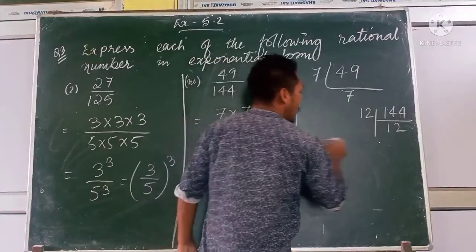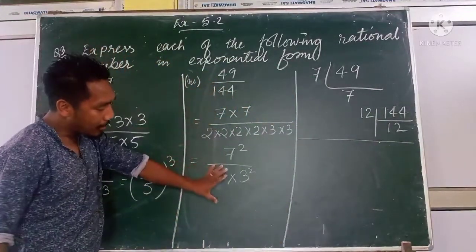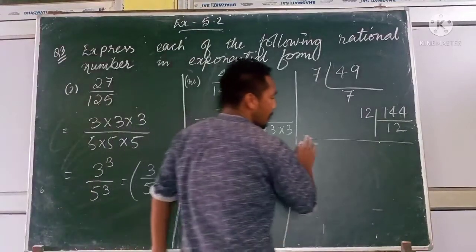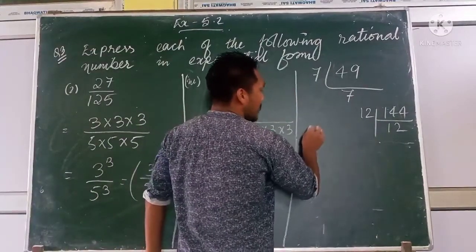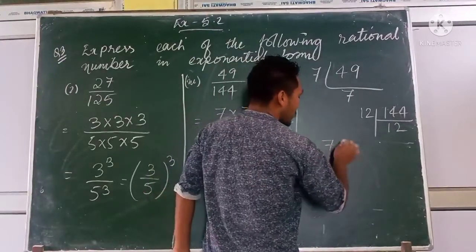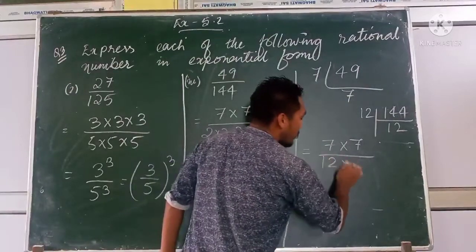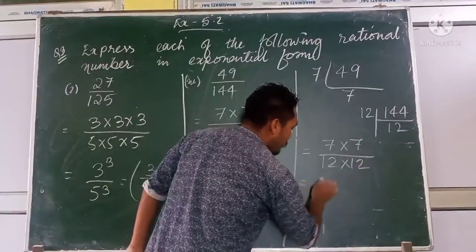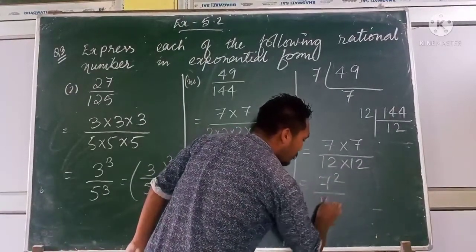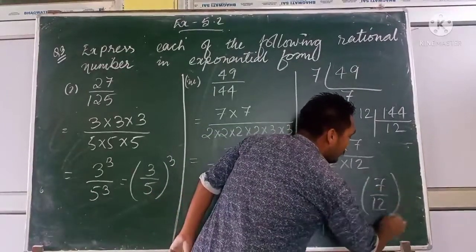So 49 we can write as 7 into 7 divided by 144, we can write 12 into 12. That means on top we have power 2 and below we have power 2. We can write it as 7 by 12 to the power 2.